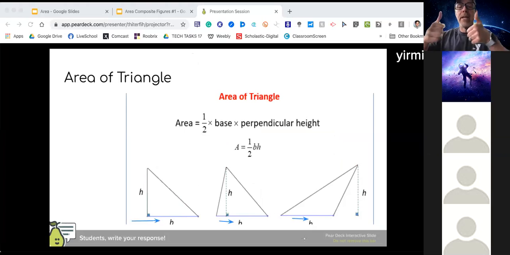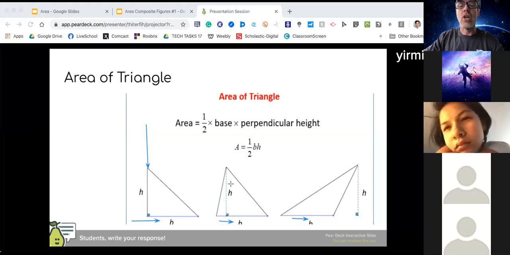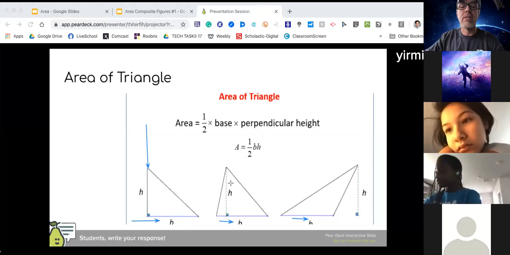On a right triangle, the side is actually the height, because it makes a right angle. But what kind of triangle is this? It's acute and scalene, all right?